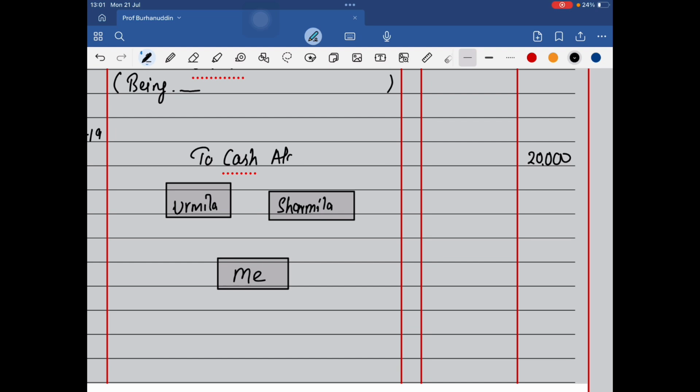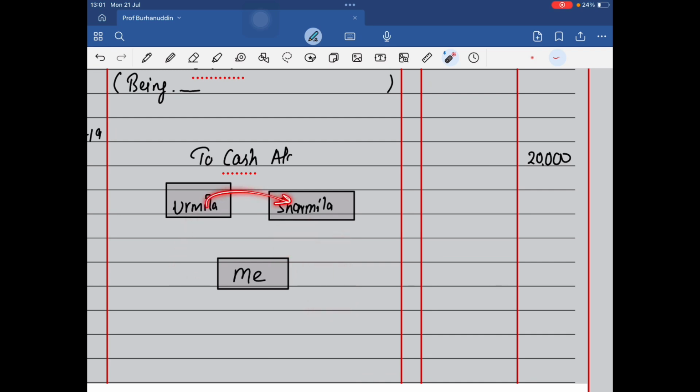I had to make the payment to Sharmila. This is I had to make the payment. Had to pay. Okay, I had to make the payment to Sharmila, but Sharmila went out of town. So Sharmila told me that you do one thing, you pay to Urmila.